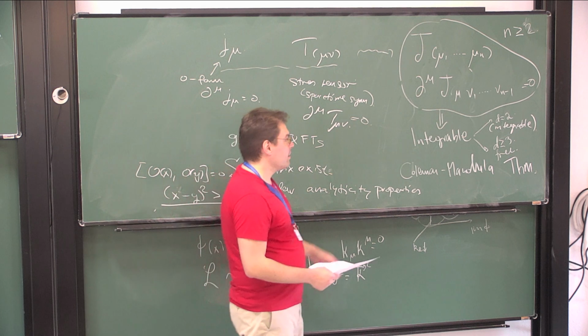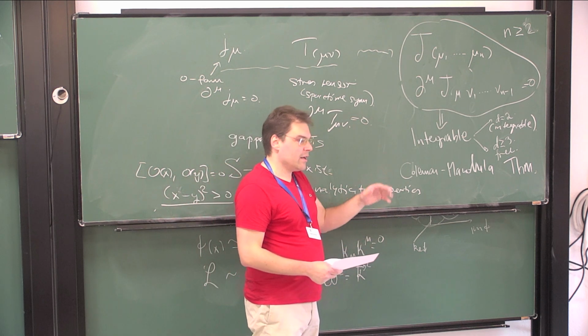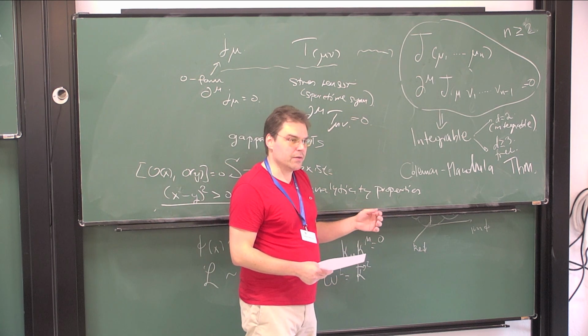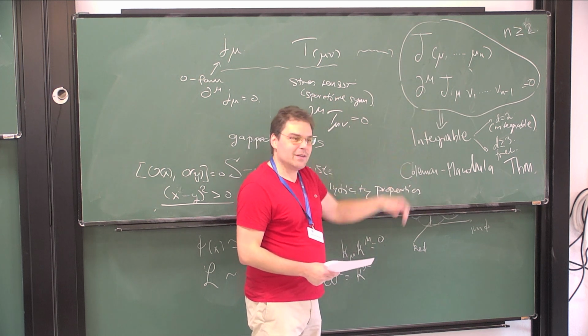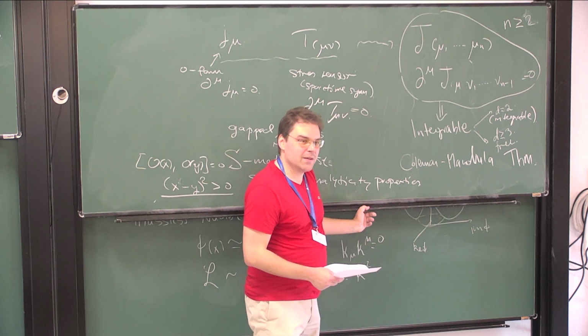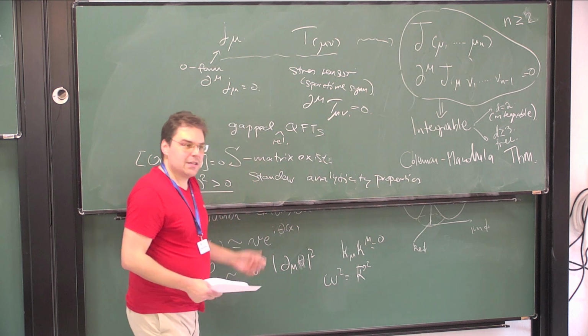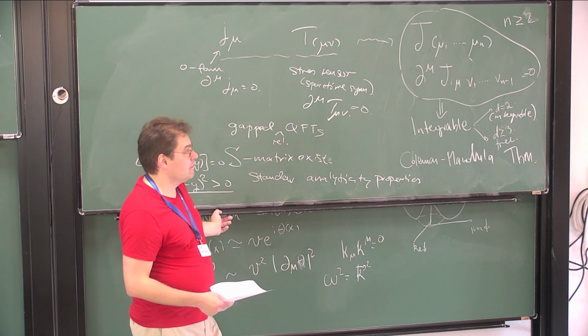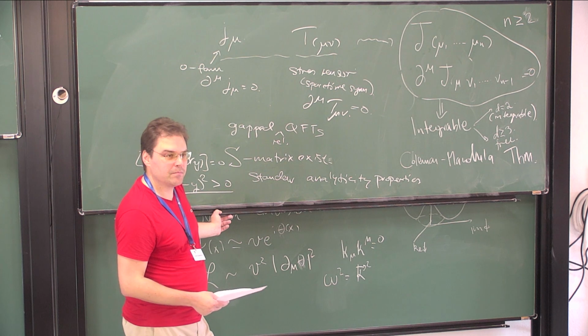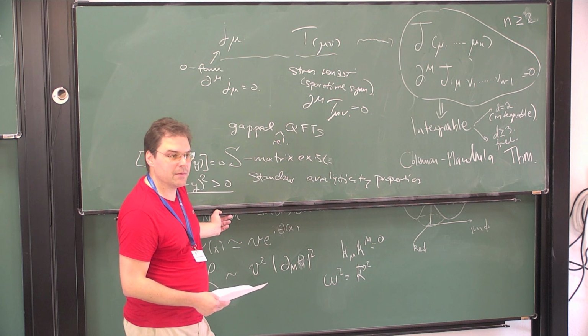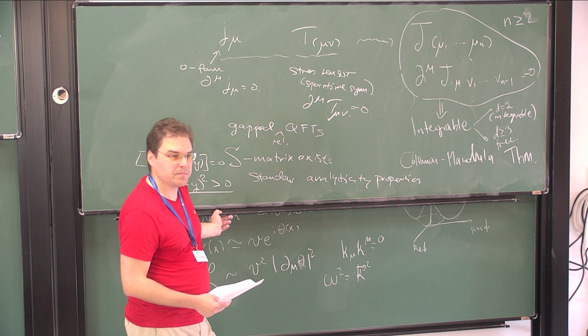And in those theories, Maldacena and Zhiboedov showed maybe 10 years ago or so, maybe 15 years ago, that the same conclusion holds. That in more than 2 space-time dimensions, conformal field theories that have these higher spin conserved currents are free theories. So they have trivial S matrix, Gaussian correlation functions.